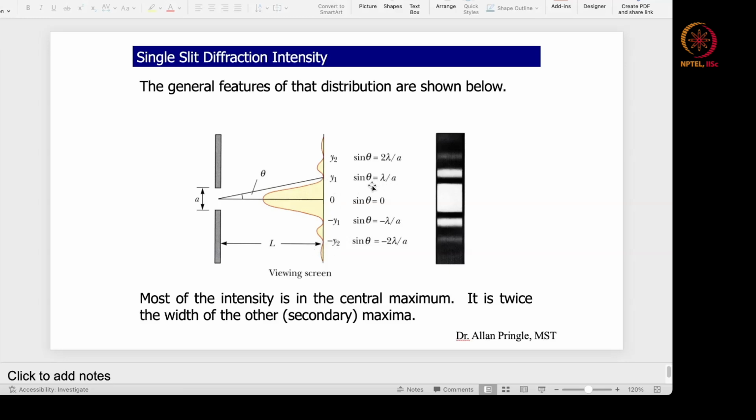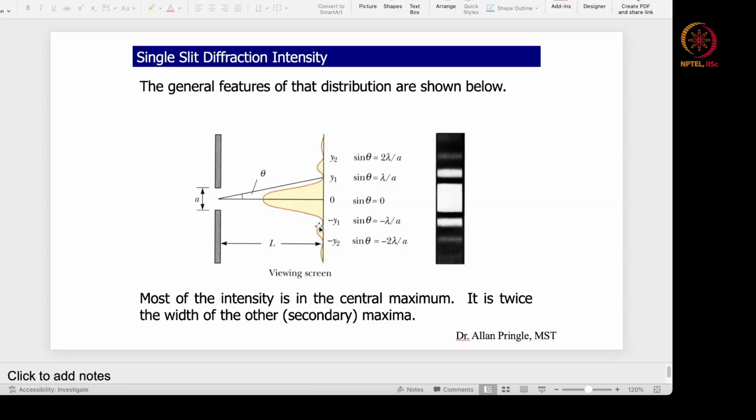This was at sine theta equals lambda by a, sine theta equal to 2 lambda by a. This is something that we already did earlier, right? So these are the locations of the destructive fringes. Y equal to 0, which is basically sine theta equal to 0, here we get the maxima, and these are the corresponding minima.